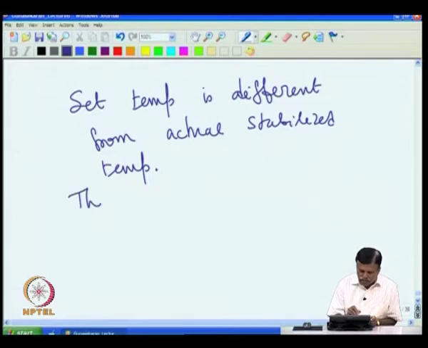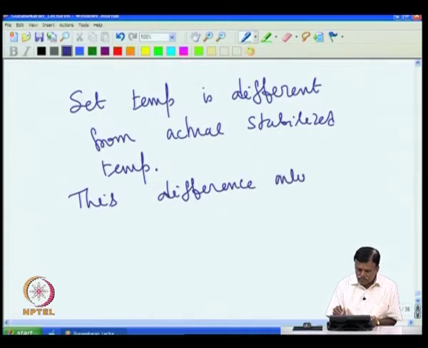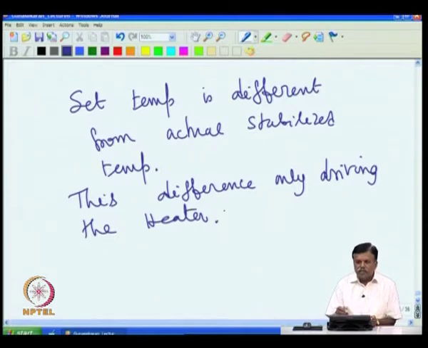This difference only drives the heater. This is a very important point that we have to remember in proportional controller, and this difference produces a secondary effect.